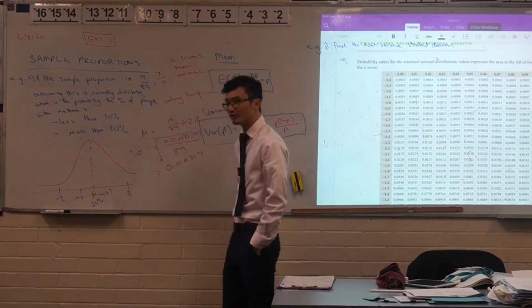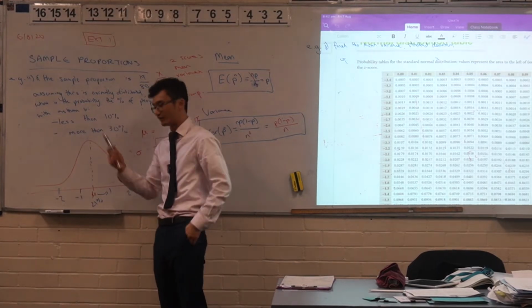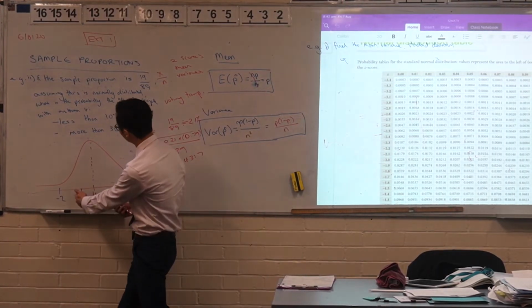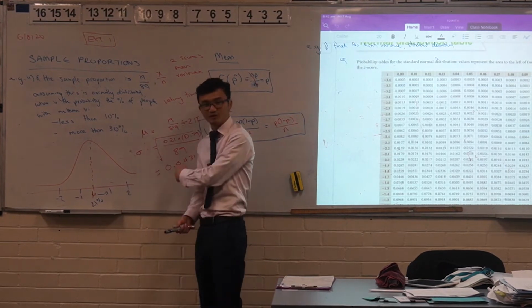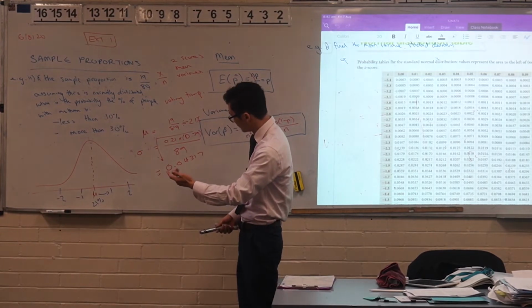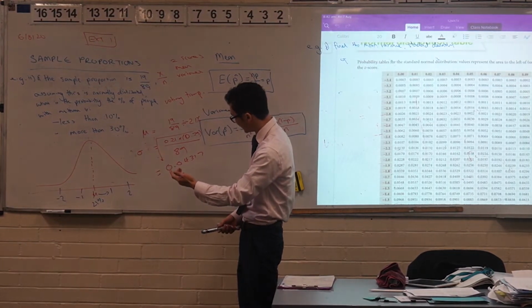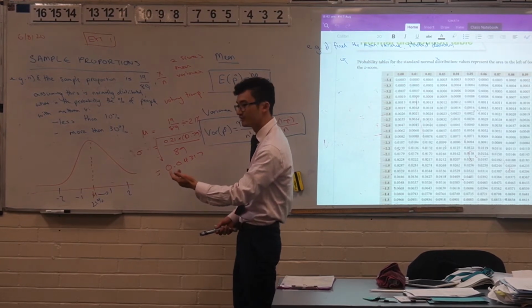Well, what's the score that we're looking at? The score is 10%, right? So 10% is somewhere. And what is the standard deviation? It's 0.04, so like 4%. How many standard deviations away would that be? Roughly 2 point something? 2.3?